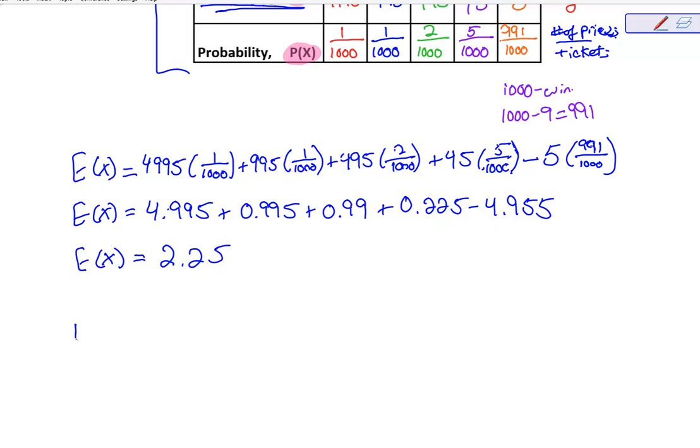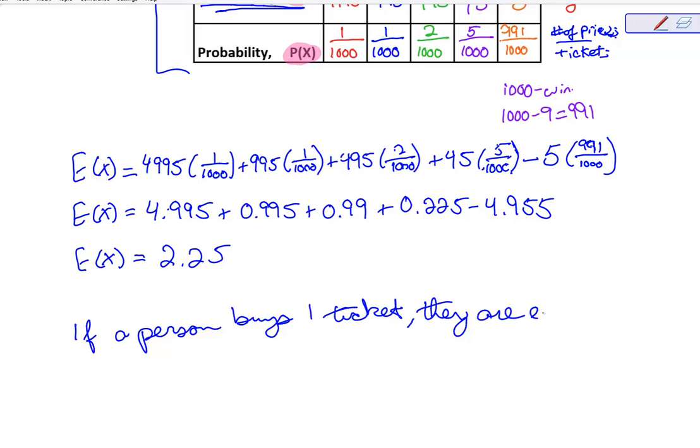So if a person buys 1 ticket, they are expected to win $2.25 on average. That might seem pretty good to some people, which it actually is.